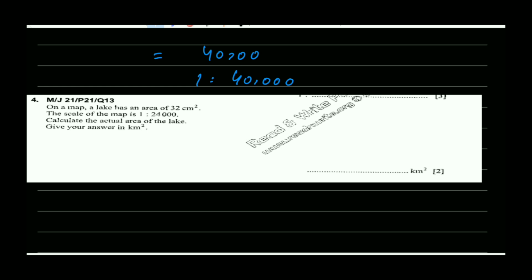So what we will do here, let's start. Map, actual, we will make these type of boxes, just we will write in the form of ratio. Okay, the scale is 1:24,000.